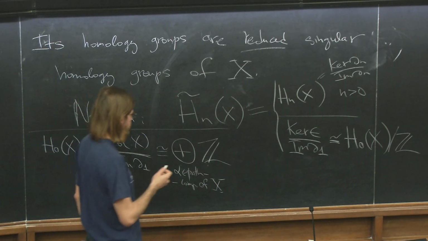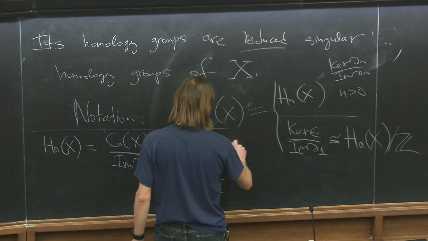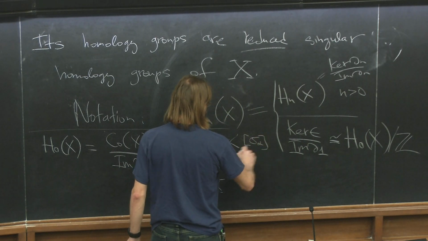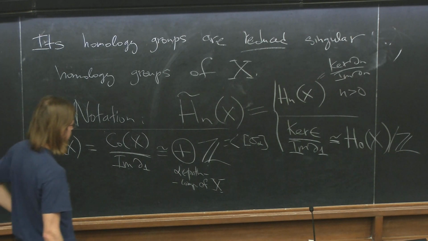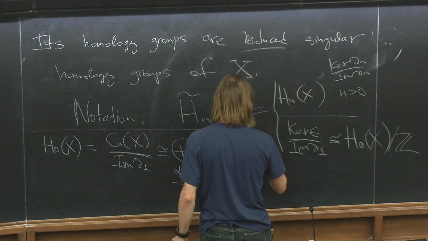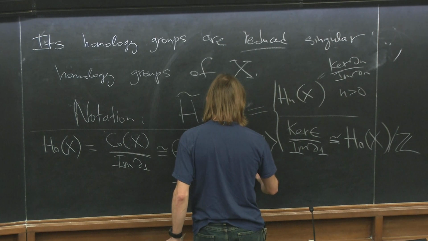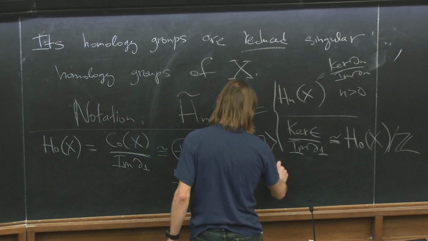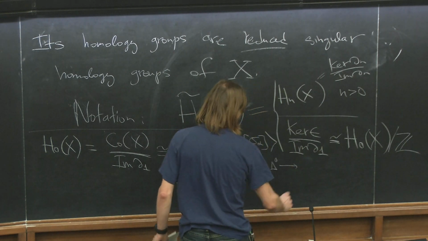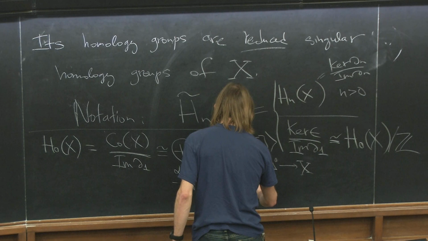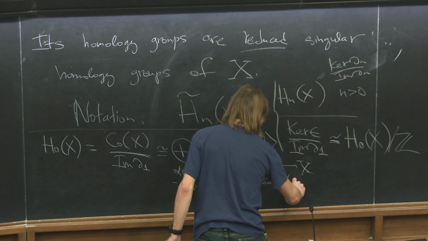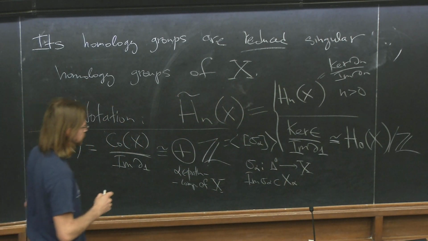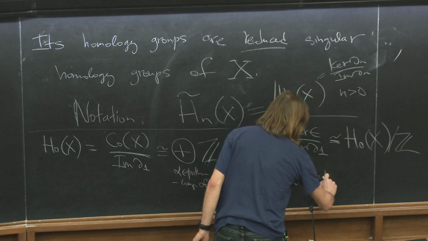And more precisely, each of these Zs can be understood as generated by the class of sigma alpha, where sigma alpha is a map from delta 0 to X, such that its image is contained in a particular path component.